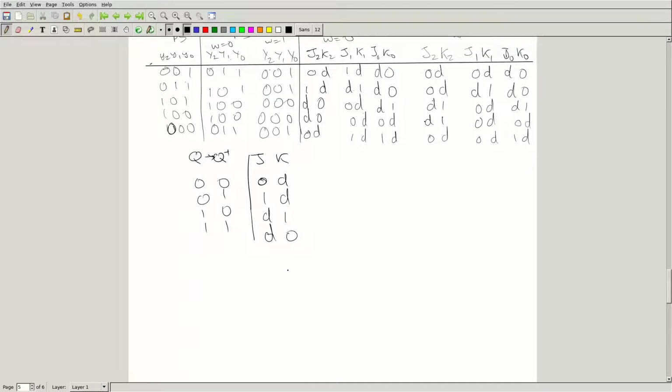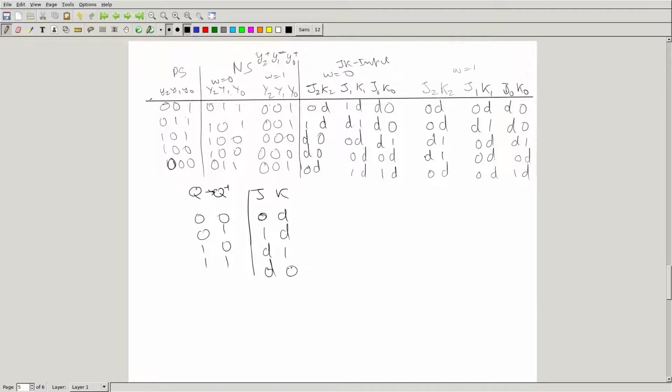So we can actually develop a shorter procedure for this. We can directly read off this from a K-map for the next state, but for now let's do this for J2 and K2.